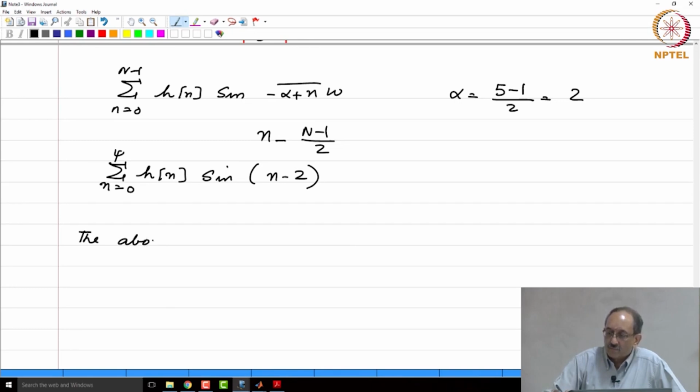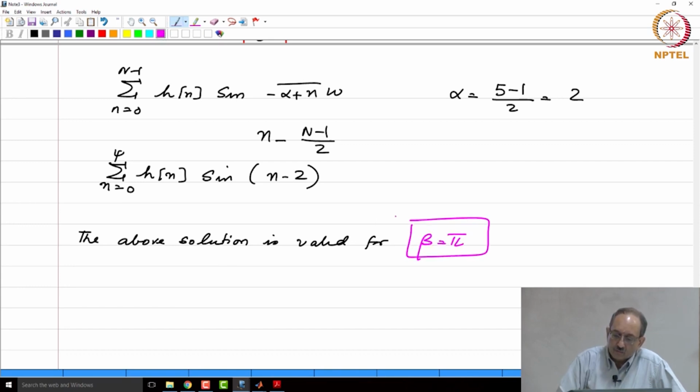So, the above solution is valid for beta equal to pi also. Anything mod 2 pi, we are only looking at values of beta that are mod 2 pi. It is true for k pi, k being both odd and even, but they will all map to the beta equal to pi case.